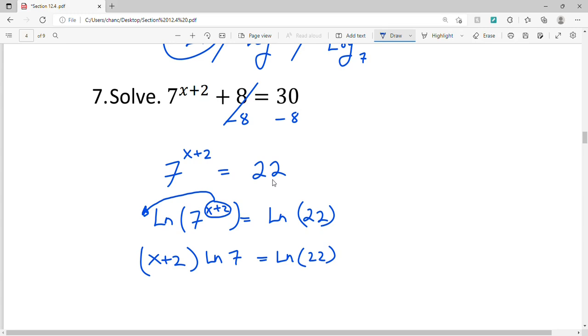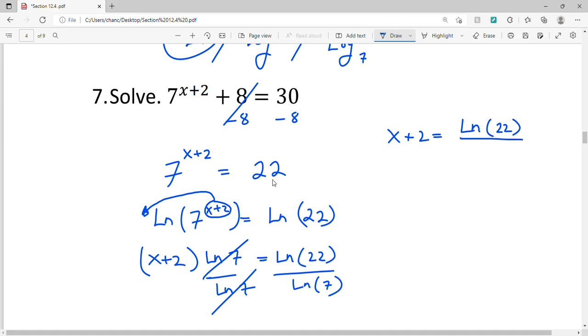I have to divide both sides by the natural log of 7 because it's attached with multiplication with the x plus 2. So let's divide both sides by the natural log of 7. That reduces that. We have x plus 2 is now equal to natural log of 22 divided by the natural log of 7. I can finally solve for x by subtracting 2 to both sides.